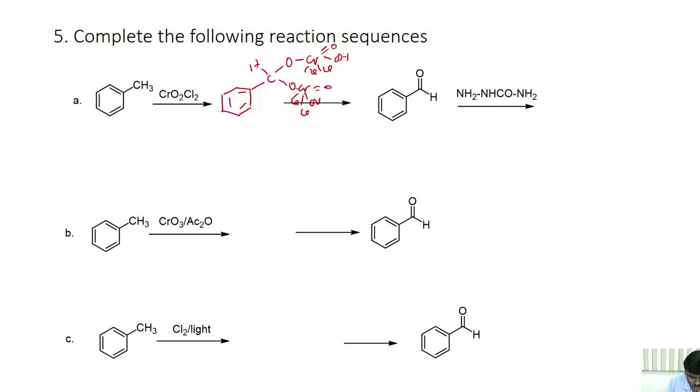So when you react toluene with chromyl chloride, you will form this chromium complex. When you do hydrolysis, it will be converted into aldehyde. This is known as Etard reaction.